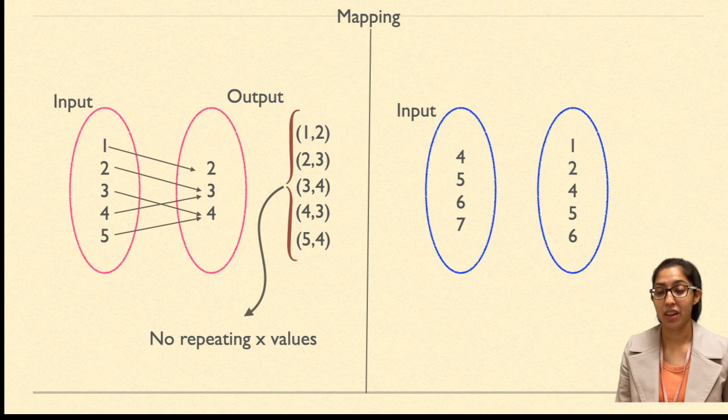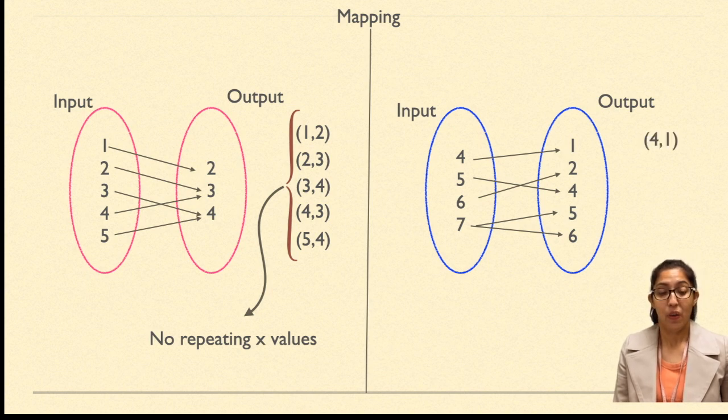Let's look at this other side. We have input, output. The 4 is going to the 1, 5 is going to the 4, 6 is going to 2, 7 is going to 5, and 7 is also going to 6, okay? So we have (4, 1), (5, 4), (6, 2), (7, 5), (7, 6), and that is it.